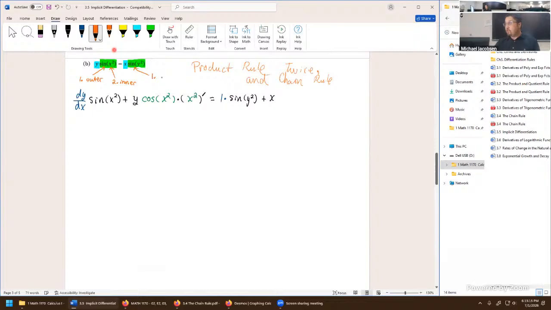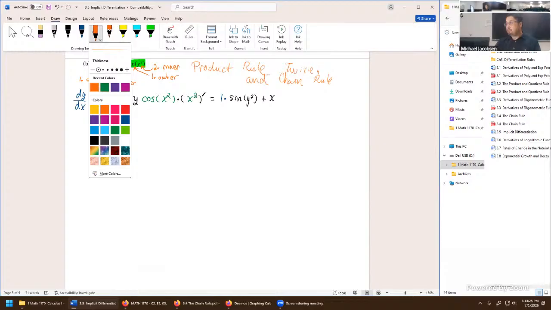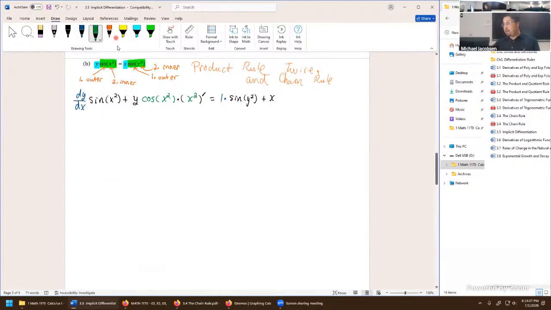Here's function 1, outer. Function 2, inner. So upon differentiating sine, we get cosine once again. Throw in a parenthesis. Multiply by a new derivative getting chained on. And just plug the inner function, but this time it's y squared in both of those placeholders.